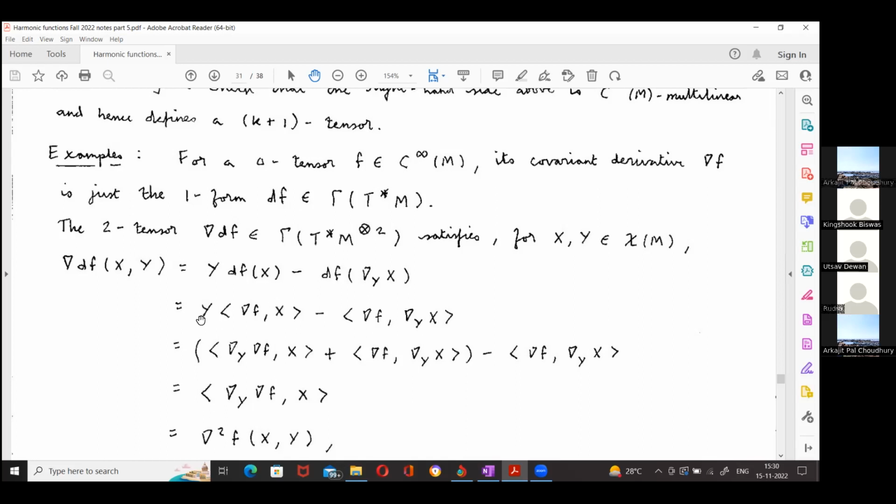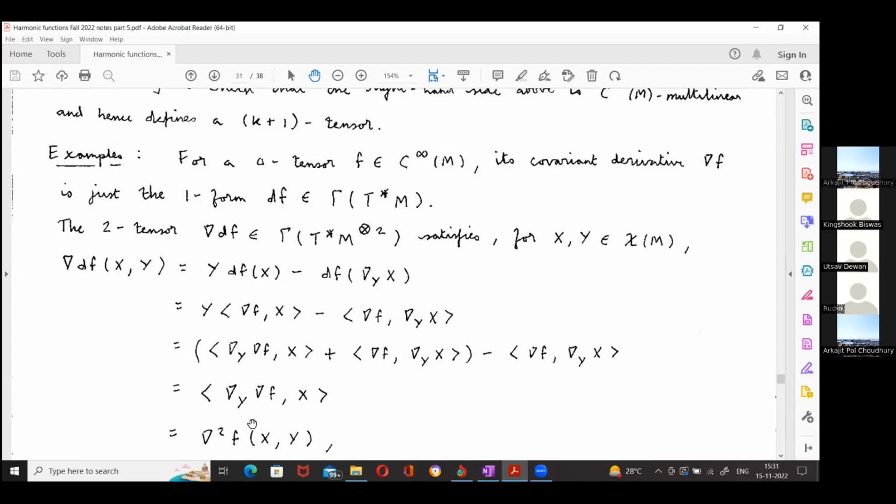Now, we use the compatibility of the metric: y acting on this inner product of grad f with x is the inner product of nabla y grad f with x plus the inner product of grad f with nabla y x. Minus this inner product of grad f with nabla y x, these two terms cancel. So we get simply the inner product of nabla y nabla f with x.